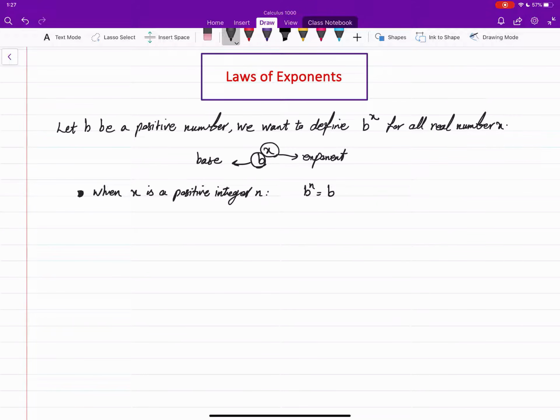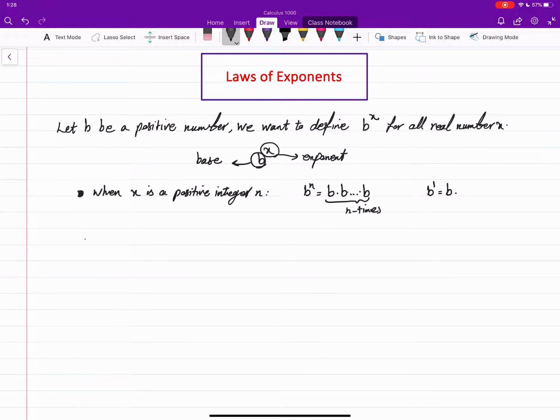Basically you multiply b by itself n times. So b to the power 2 means b times b, b to the power 3 means b times b times b. And specifically you see that b to the power 1 is b itself.